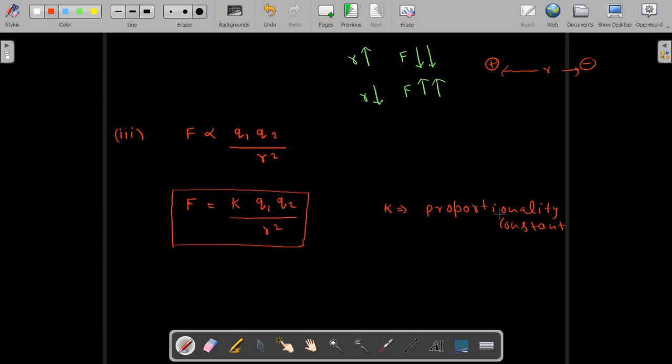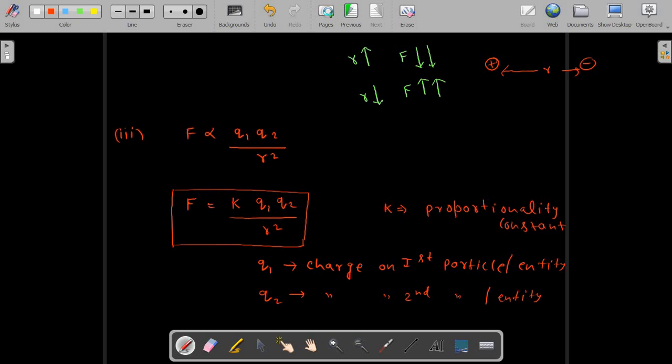What is Q1 Q2? Q1 is the charge on the first particle, and Q2 is the charge on the second particle, or entity, it could be anything.